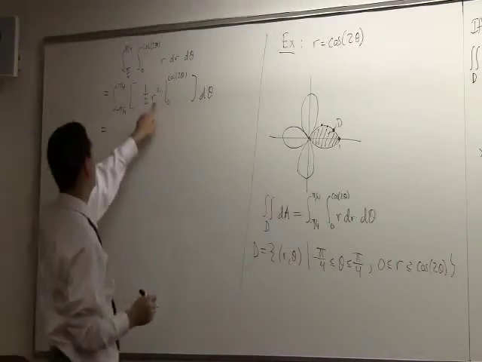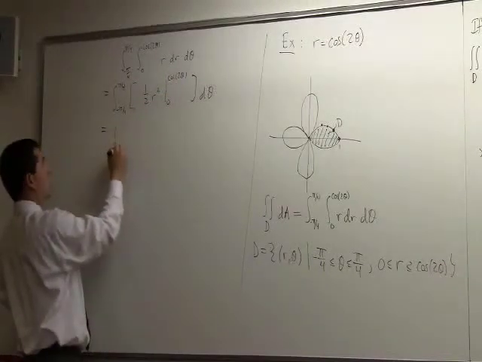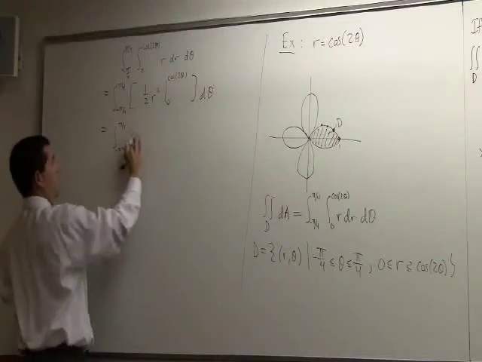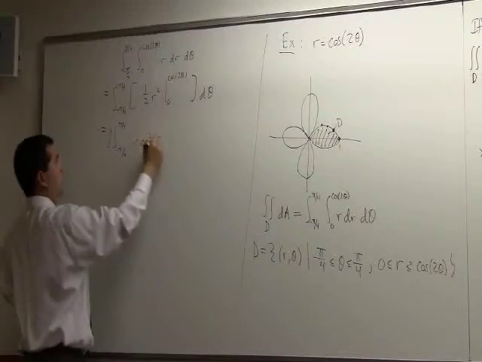Of course, when I put in the 0 for r, it would die. So I'm just going to get a cosine squared. I can pull the half out: a half, cosine squared 2 theta.